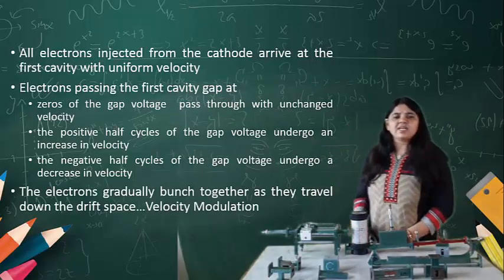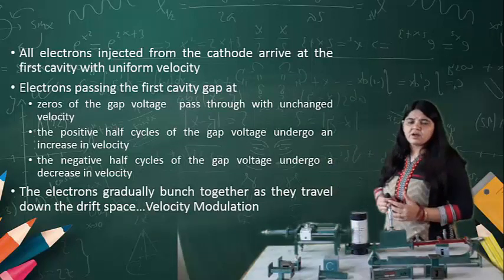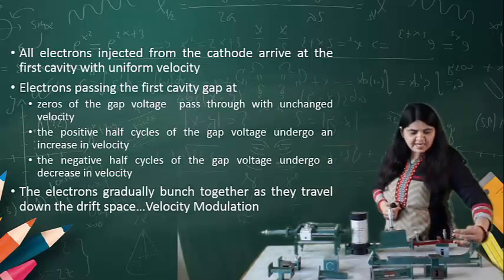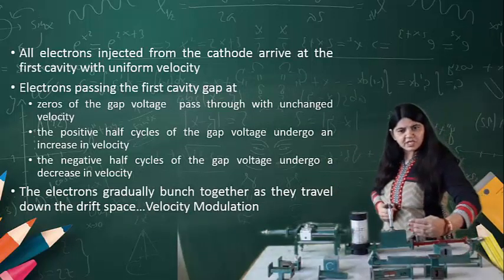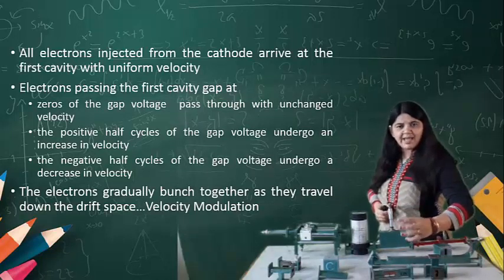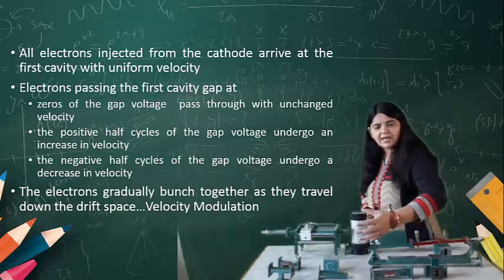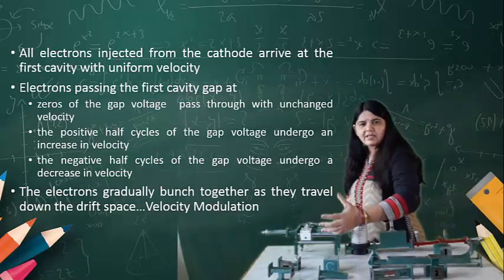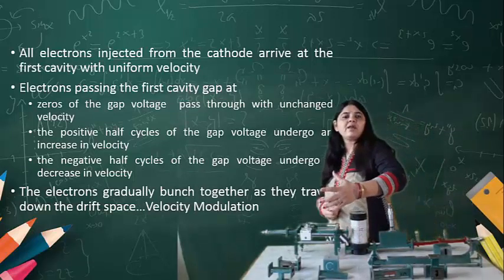So electrons gradually bunch together, starting to run from this particular point. Over here we have a bunch of electrons, and another bunch of electrons travels after it.